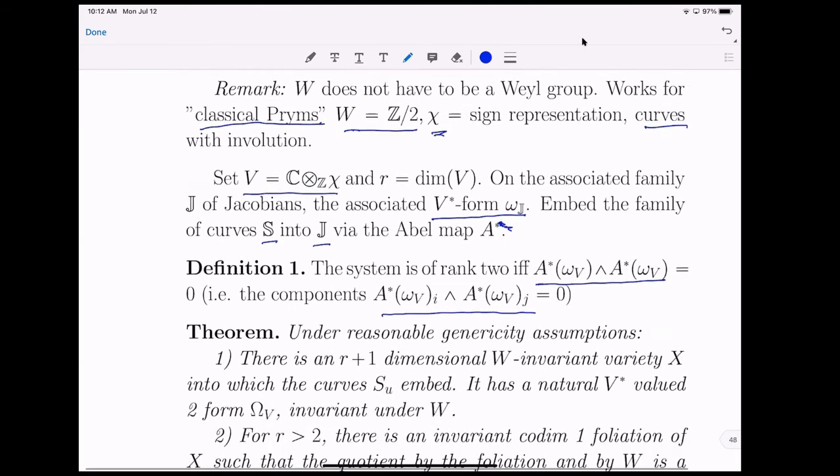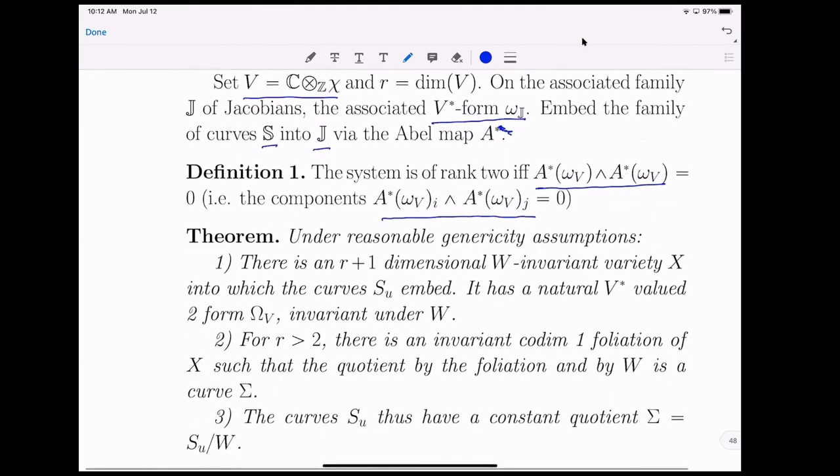And under some fairly reasonable genericity assumptions, from this family, quotienting by the joint null foliation, you can basically reproduce this geometry. So you're going to get an R+1 dimensional variety, just as for the Hitchin systems.